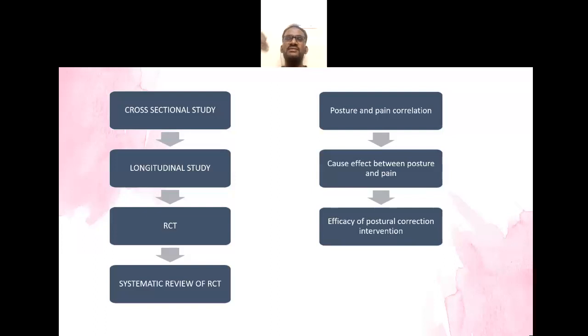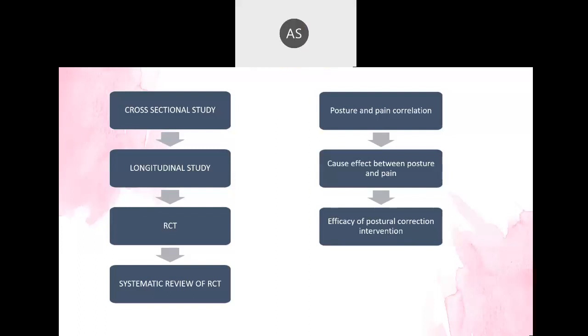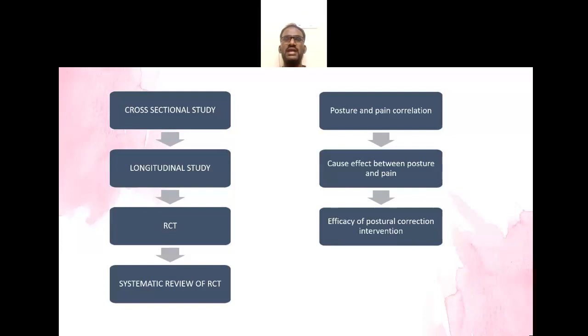The efficacy of those interventions has to be tested via RCTs, not just a single RCT, but a systematic review of several RCTs. If the efficacy has been proved, then postural correction exercises for pain relief can be implemented in practice.